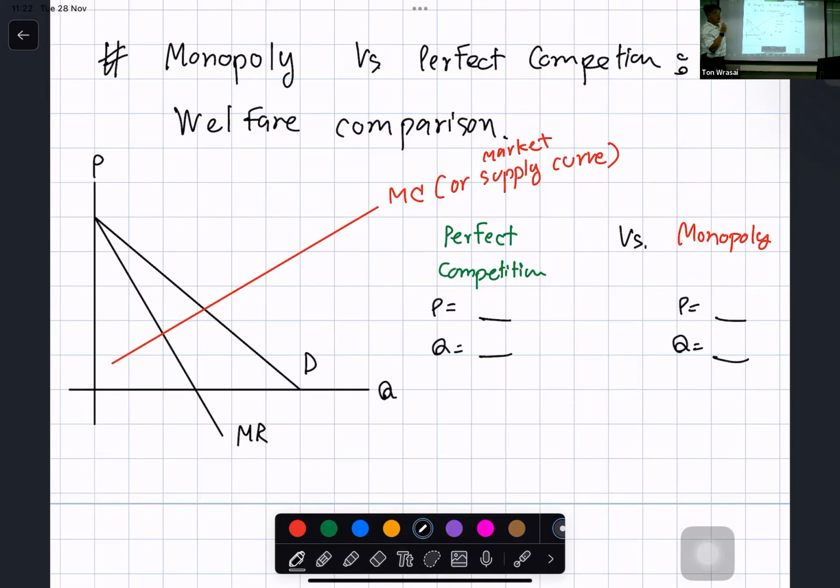Let's compare price and quantity bought and sold under two different market structures.